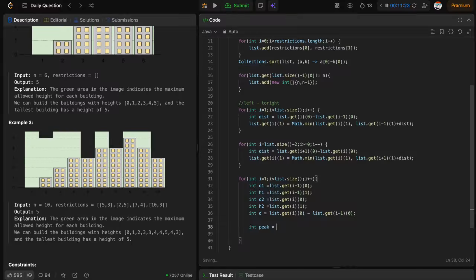It will be d plus h1 plus h2 divided by 2.